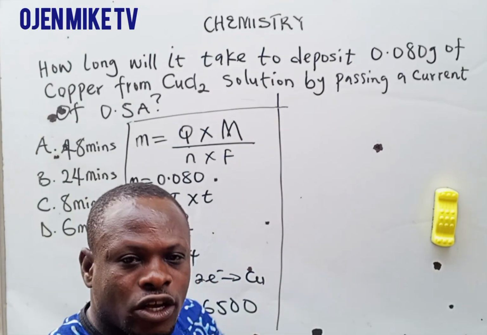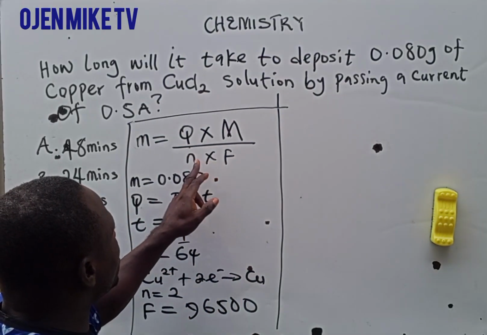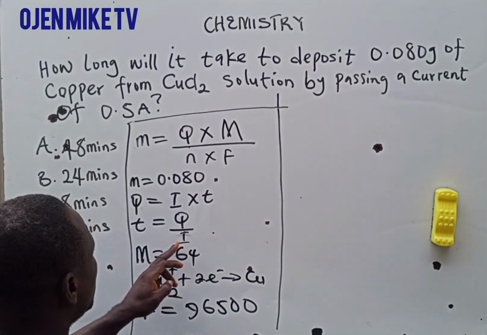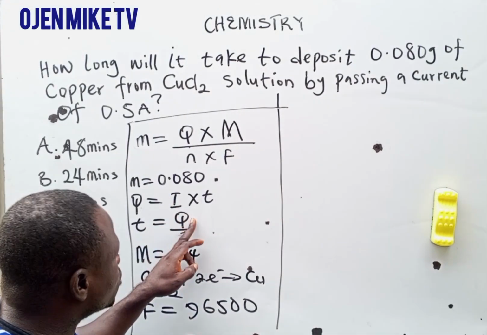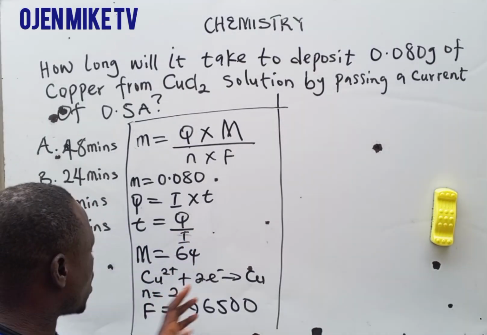Now we have put all our parameters. Let's go ahead and solve the problem. Now we are going to make Q the subject of the formula, because here you are going to use this also. You are going to find Q, and when you get your Q, divide it by your current.